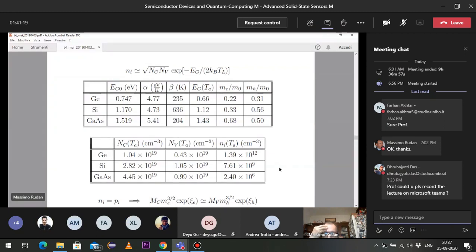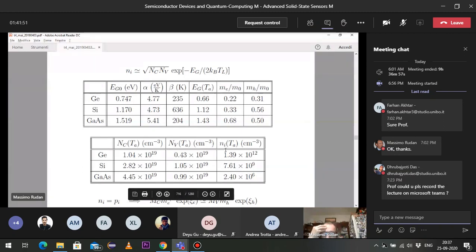Why? Well, for germanium, we have about 10 to the 12 electrons or holes per cubic centimeter, okay? For silicon, we have something slightly less than 10 to the 10th, so it is more than 100 times smaller, okay? And for gallium arsenide, we have 10 to the 6th with some units in front, okay?